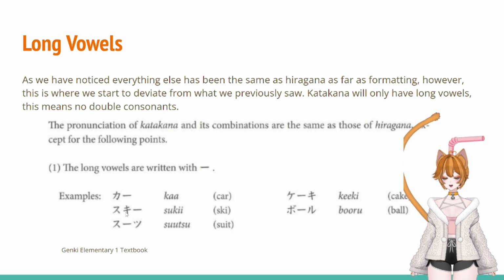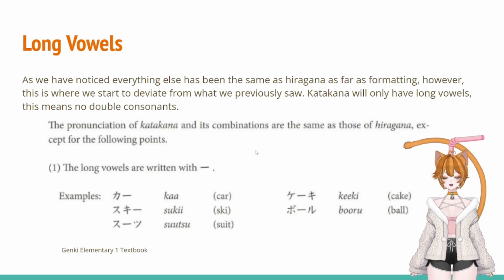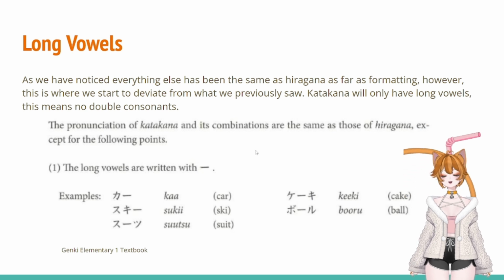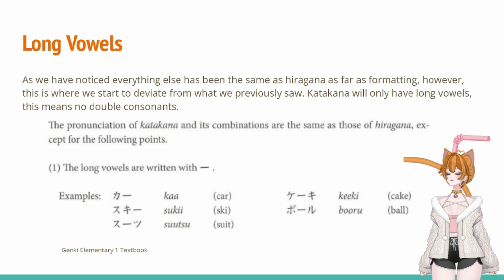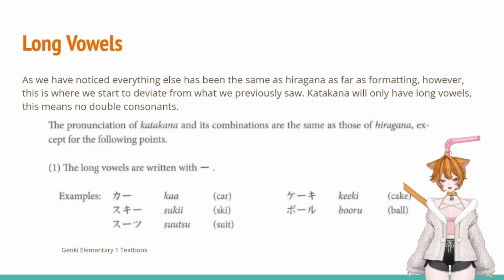So kaa, suki, sutsu, keiki, boru. The pronunciation is going to be the same, it is just written differently. And for a little bit of extra weight off your shoulders, katakana will only have long vowels. This means you don't have to worry about small tsu and double consonants.